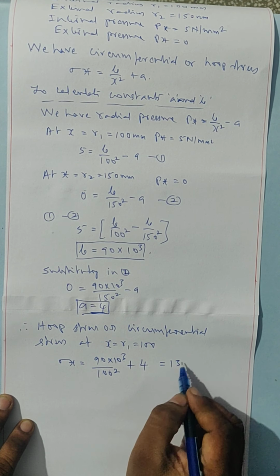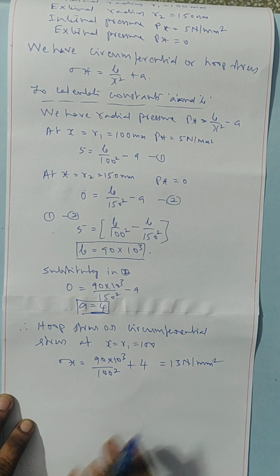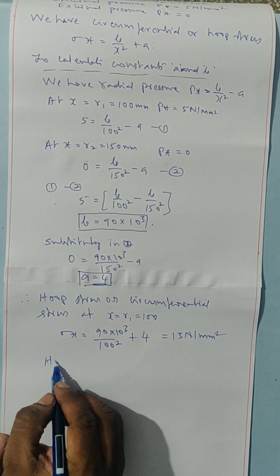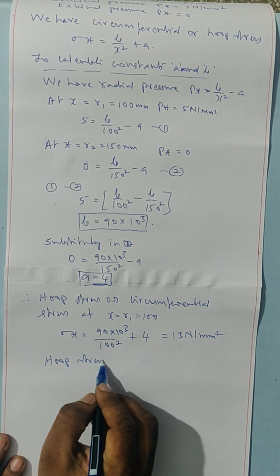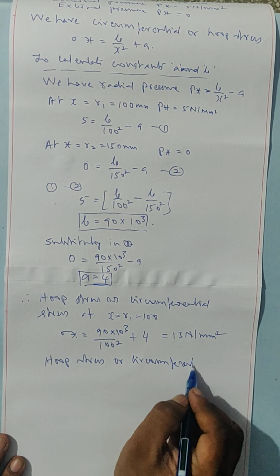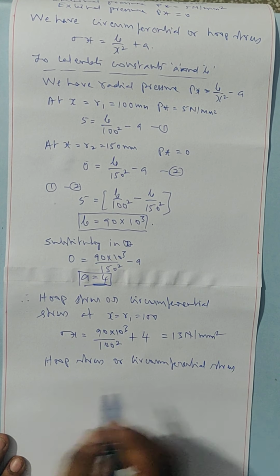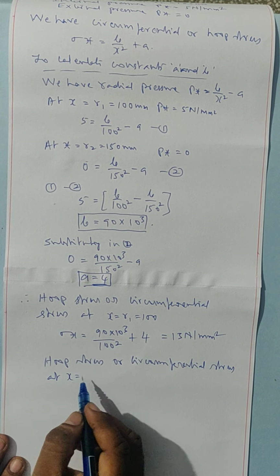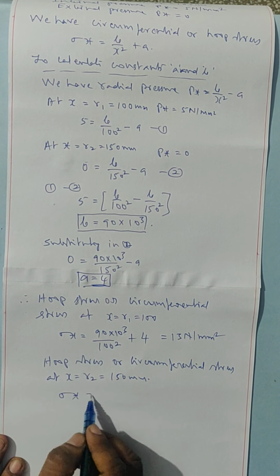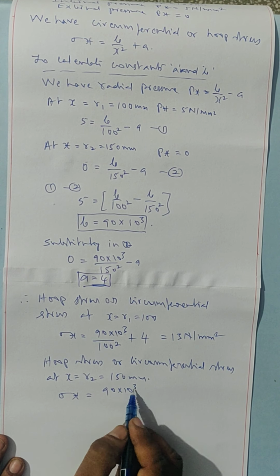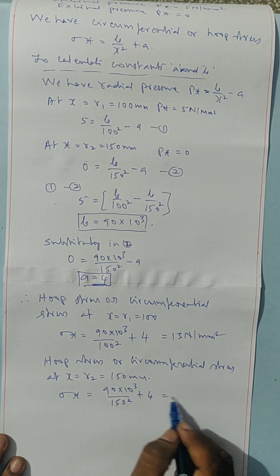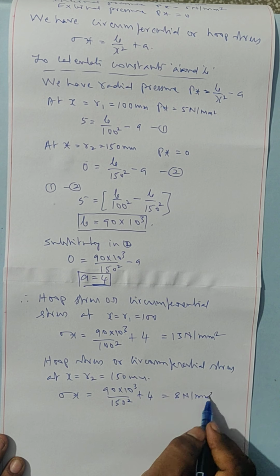It is found to be 13 Newton per millimeter square. Similarly, the hoop or circumferential stress at x equal to r2 equal to 150 mm in the same equation: sigma x equals 90 into 10 to the power 3 divided by 150 square, plus 4. It is 8 Newton per millimeter square.